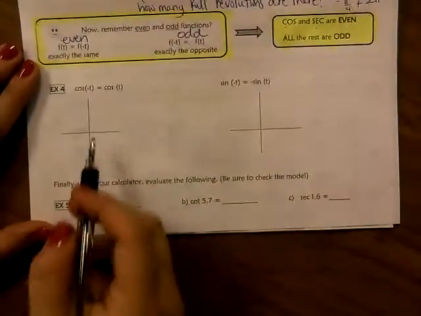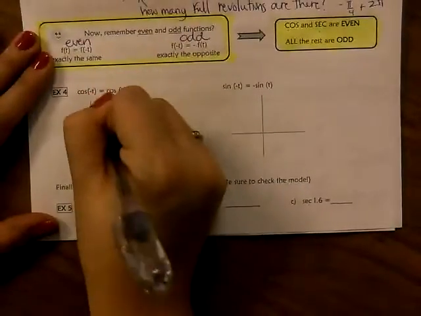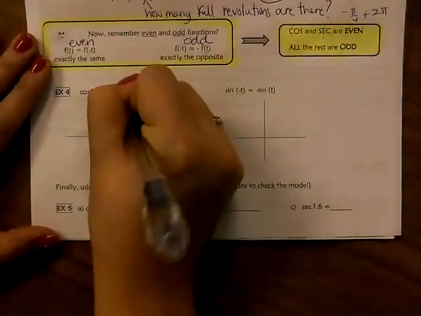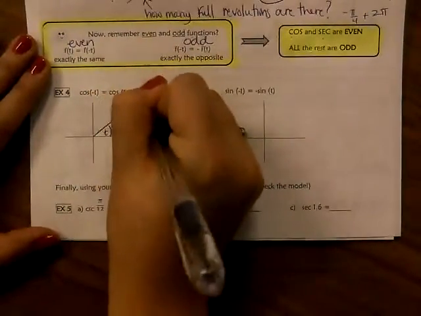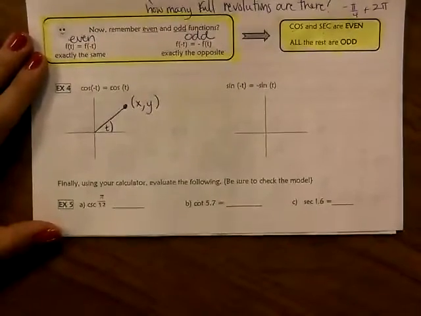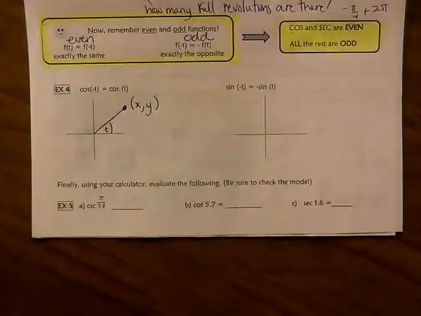So if we take a look here, and we just think about some angle, let's say angle t. Okay, so let's just say that this is angle t right here. This is going to produce some x, y value, right? Now, if we think about cosine, cosine is the x value of the coordinate, right?